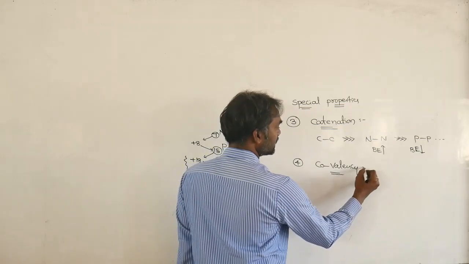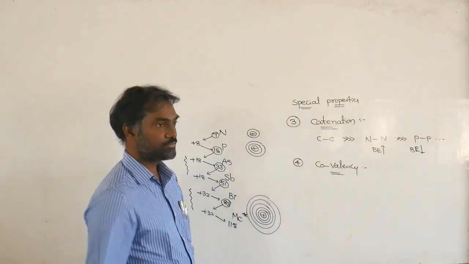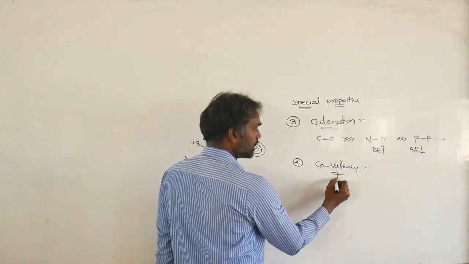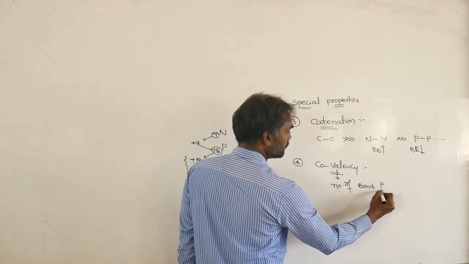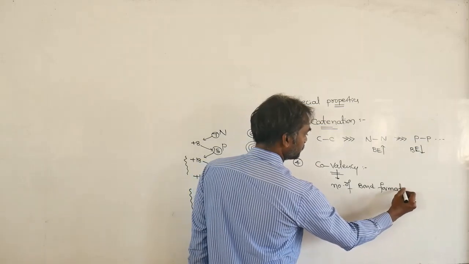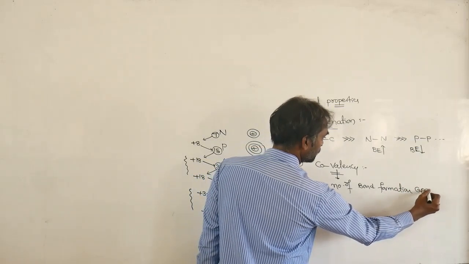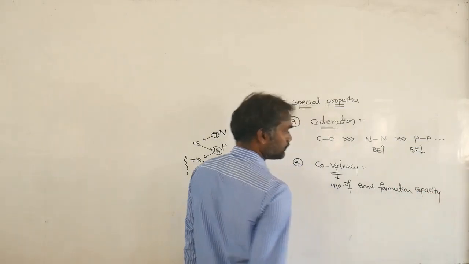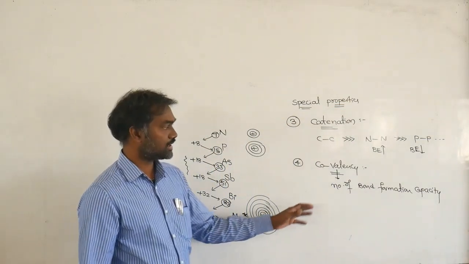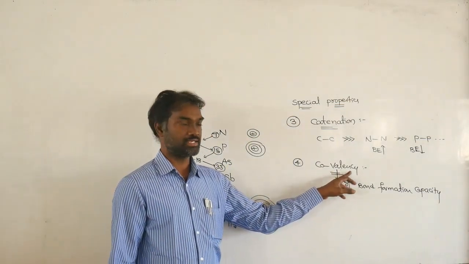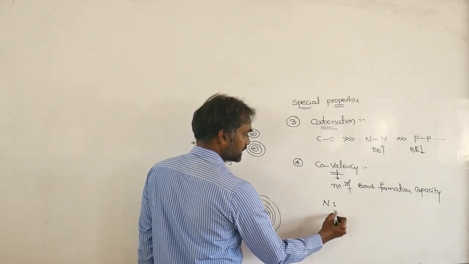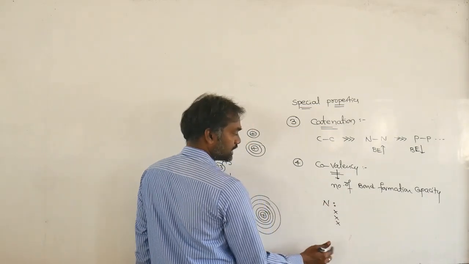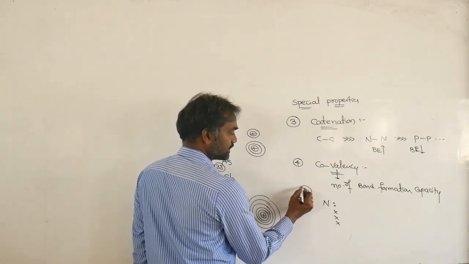Covalency means the number of bonds an atom can form, its bond formation capacity. If you see nitrogen, there is no excited state.